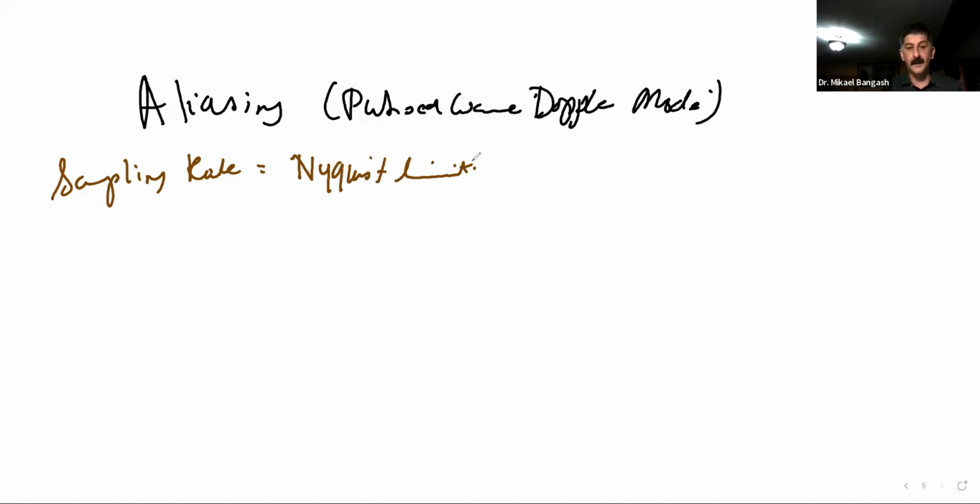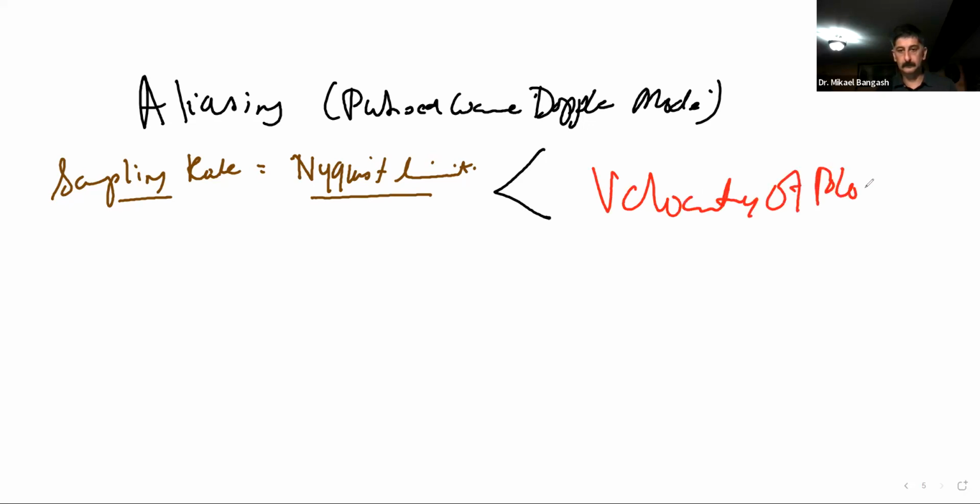So whether you put it this way and say the sample rate or your sampling rate or your Nyquist limit, if that is going to be lesser than the velocity of blood, what that will lead to is aliasing.